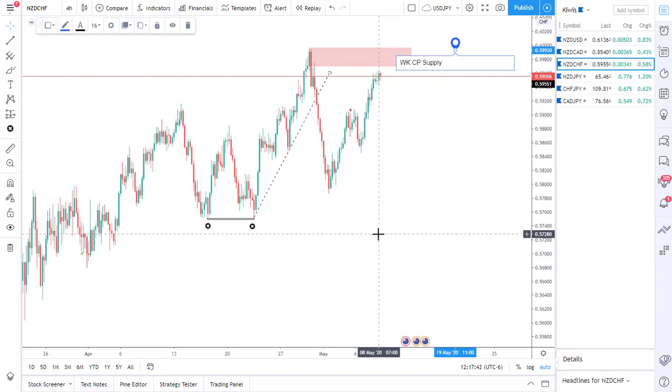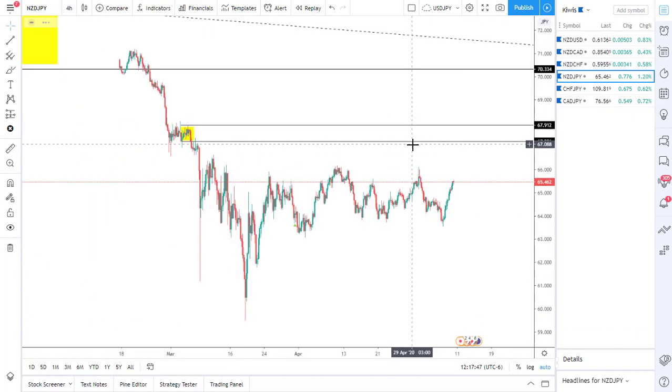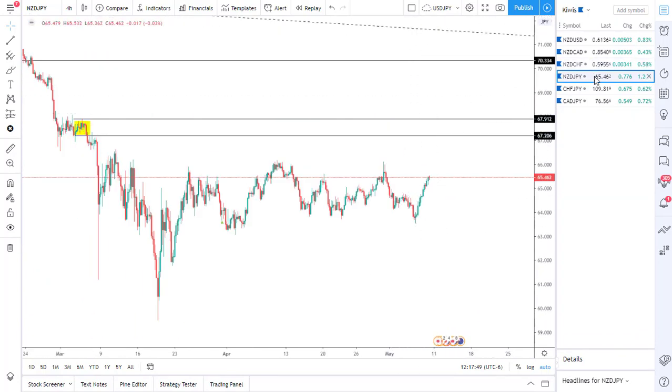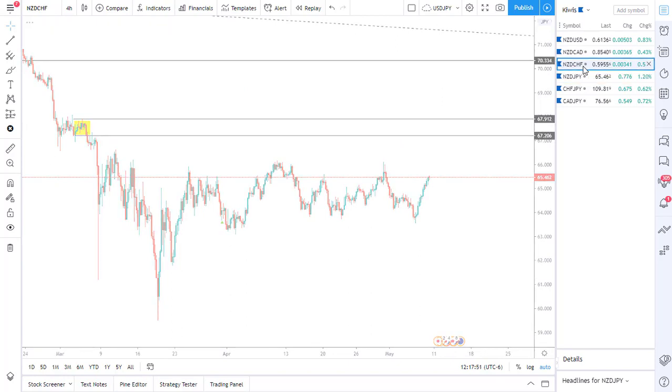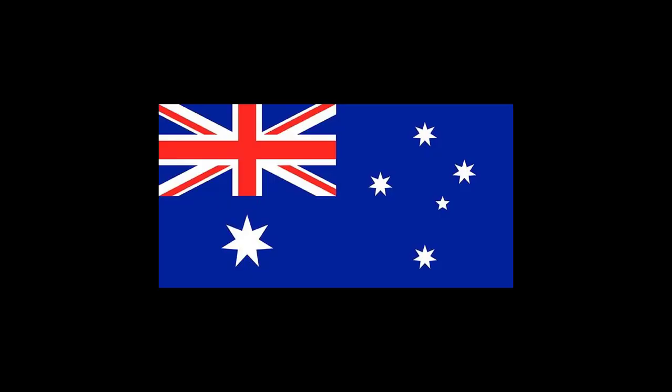Let's check. Oh, NZDJPY didn't like what we have there. We are still very far from the zone, so that's why I wouldn't consider it. But the other ones still look good. So let's check Aussie pairs now.